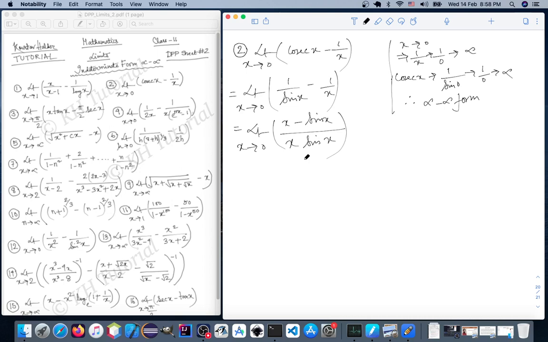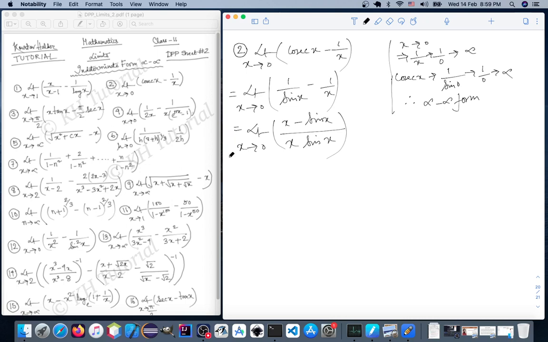But in the denominator we have x sin x, so if we apply L'Hopital's rule we will get extra terms, and so it will be more time consuming.